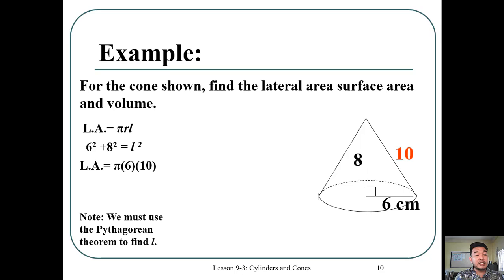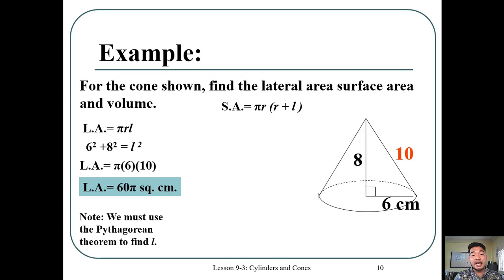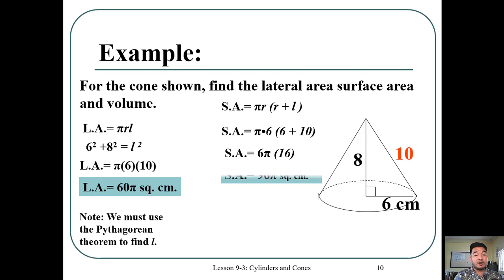So the lateral area is equal to pi, or 3.14 times 6 times 10, which is equal to 188.4 or 60 pi square centimeters. And then for the SA, the formula is pi r times the quantity r plus L. By substitution, you will have 3.14 times 6 times 16, and that is equal to 301.44 or 96 pi square centimeters.